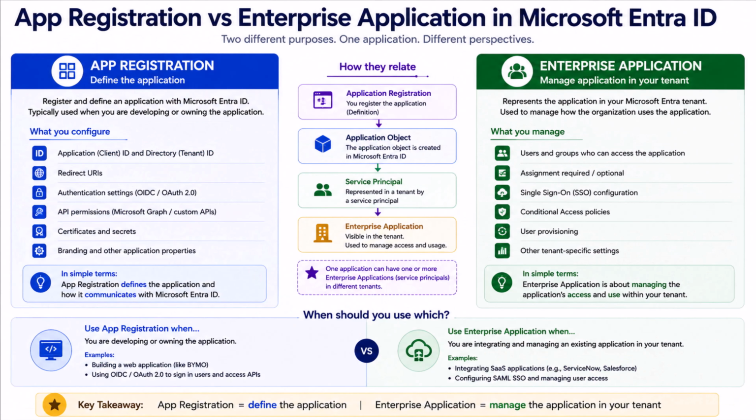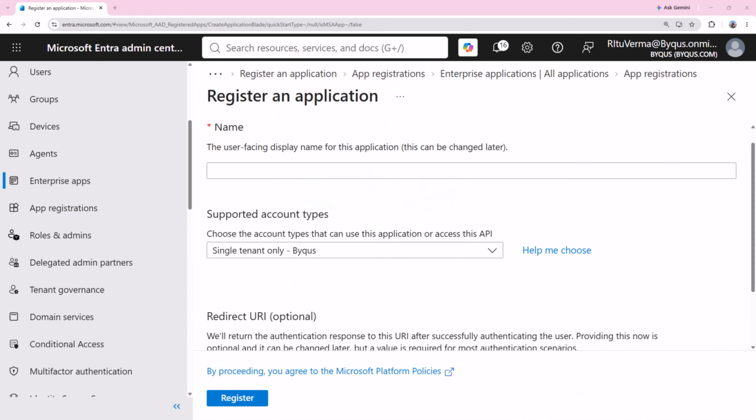App registration versus enterprise applications in Microsoft Entra ID. Now that we have covered the authentication protocols, let us look at something you will work with frequently in Microsoft Entra ID: app registrations and enterprise applications. These are two closely related, but they serve different purposes.